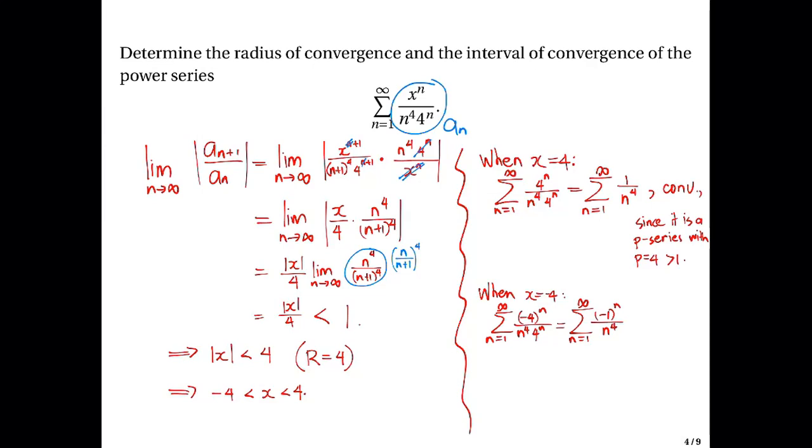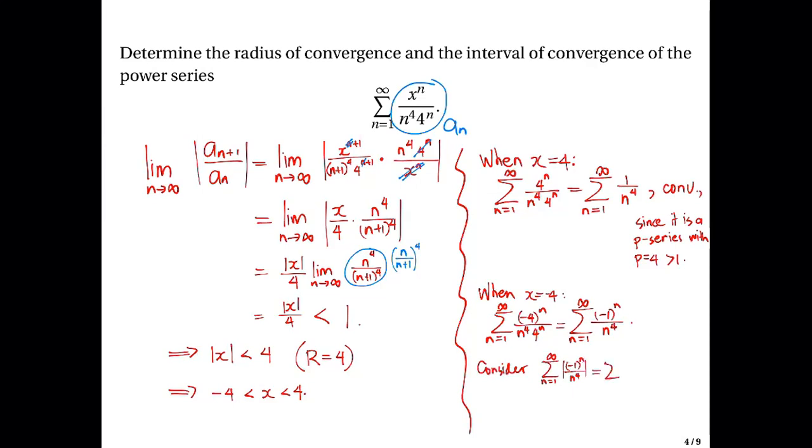But we can also consider the series with the absolute values of -1 to the n over n to the 4, from 1 up to plus infinity.